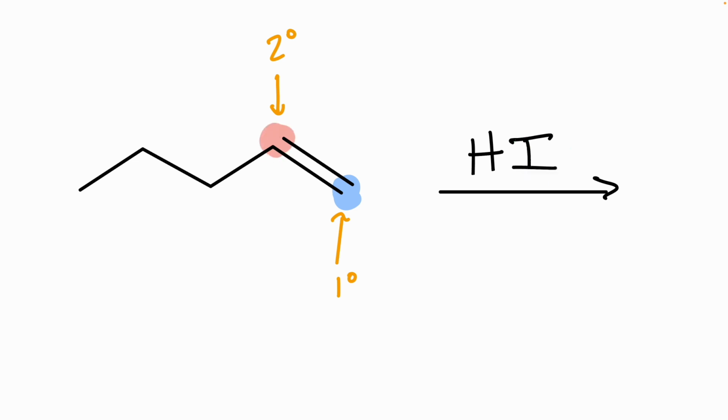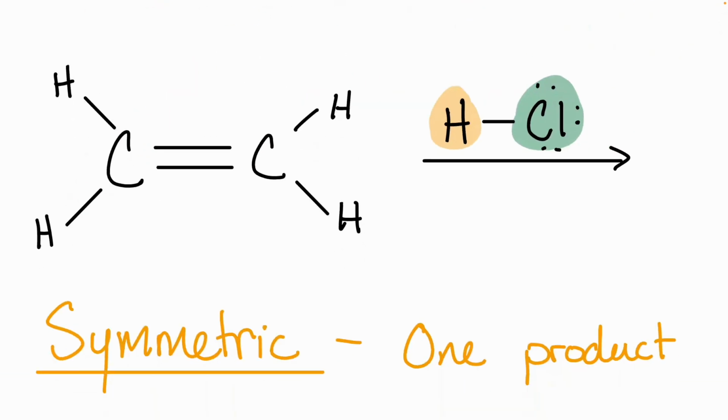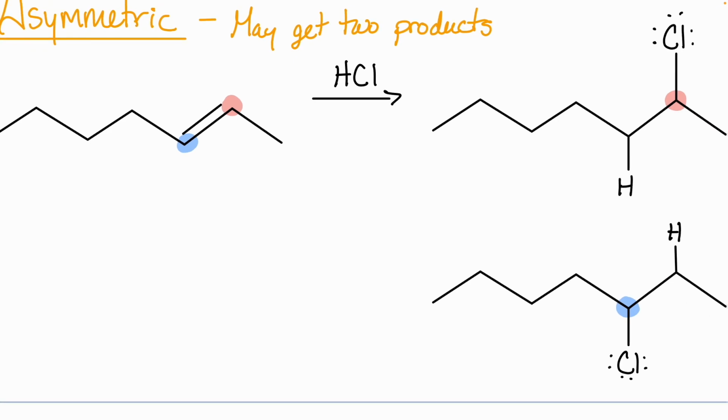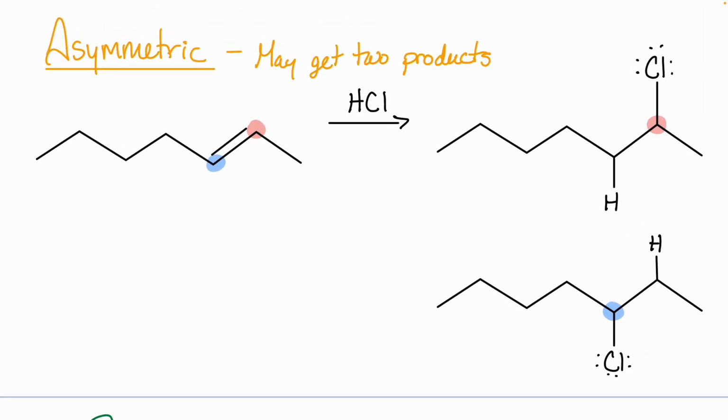So that was the product that I drew. Why did we not have that same consideration in our first example? Here we said that we're going to get a 50-50 mix of these two products. Why did I not just get one? Because they're both secondary carbons. They're both the same. You can't have preference for one or the other because they're both the same degree of substitution. So in this case, I will have two products, right?